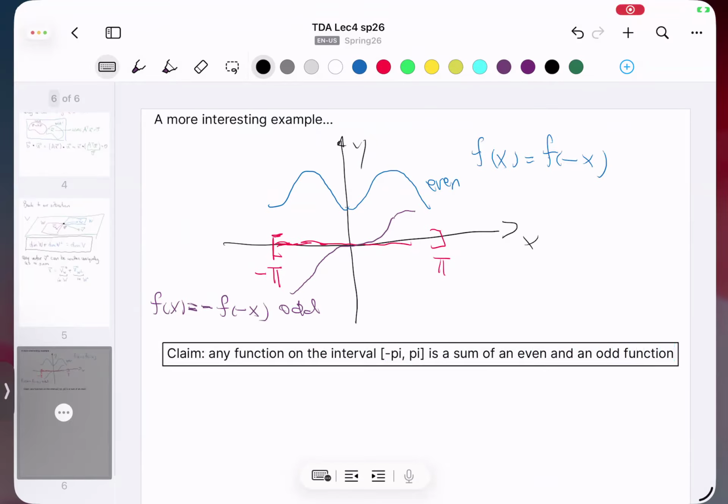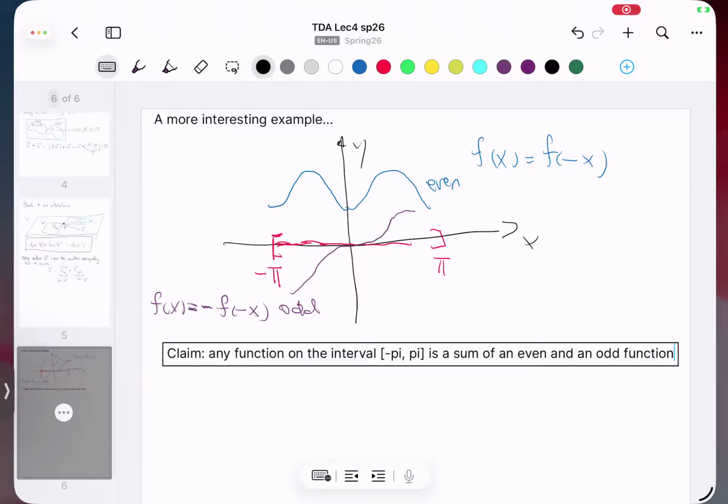The matrix analog of that is that any square matrix is a sum of a symmetric and an anti-symmetric matrix. You do know what a symmetric matrix is, because they are used very much in linear algebra. A matrix is called skew symmetric or anti-symmetric if the transpose is minus itself.